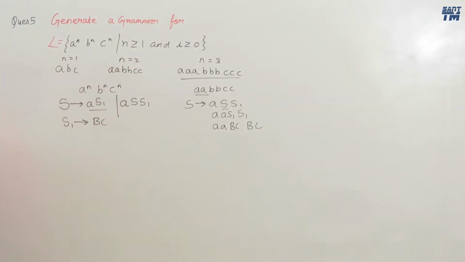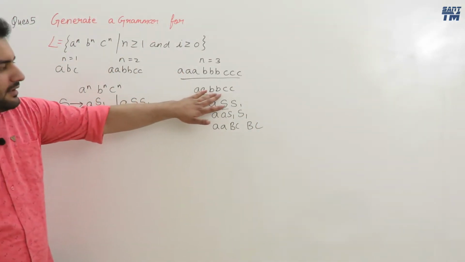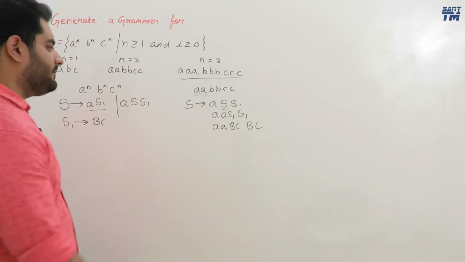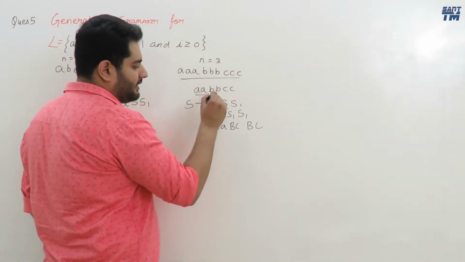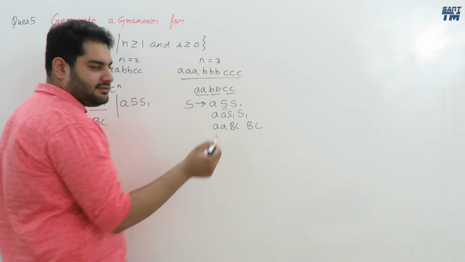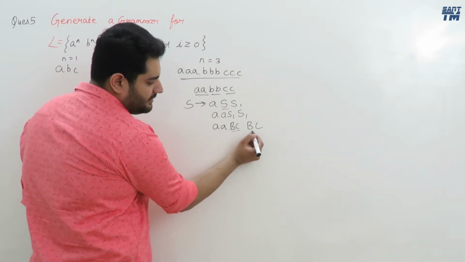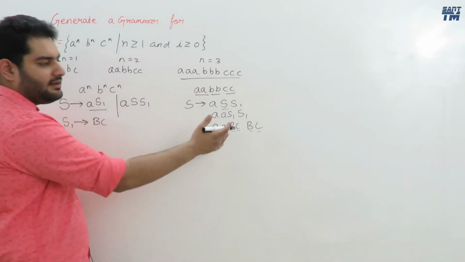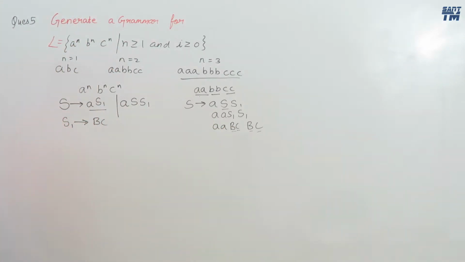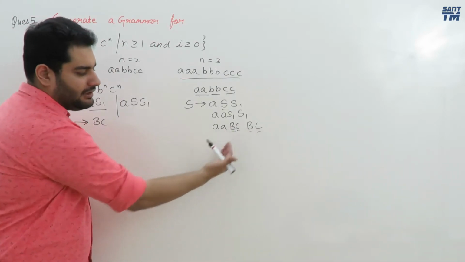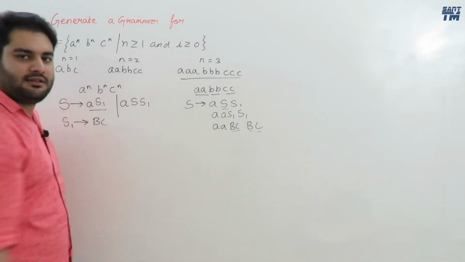Now we need the string AABBCC such that all A's are together, all B's are together and all C's are together. But see here, B, C, B, C: B's and C's are occurring alternately. So we have to derive a production rule that can bring all the B's together and shift all the C's together.